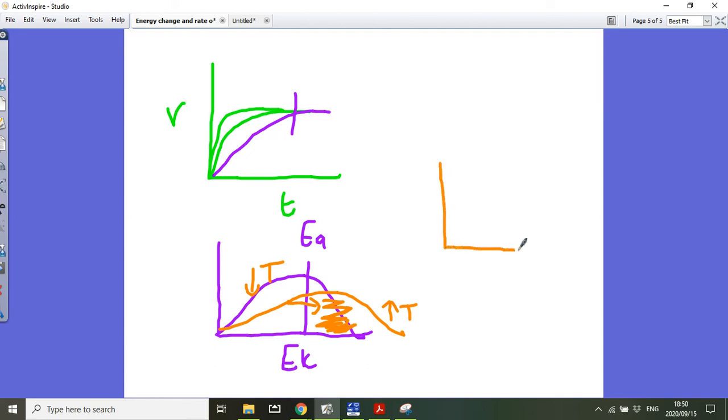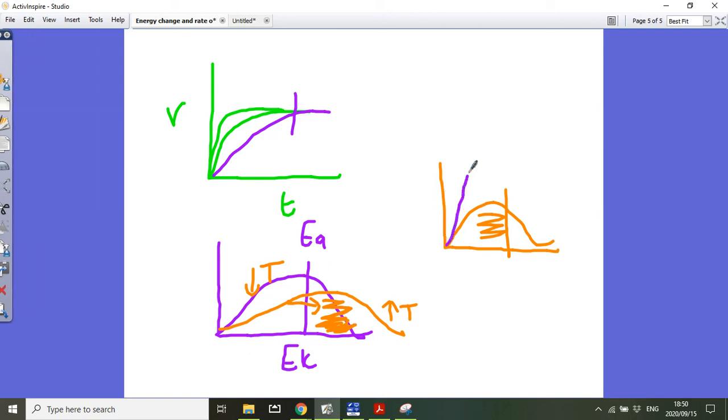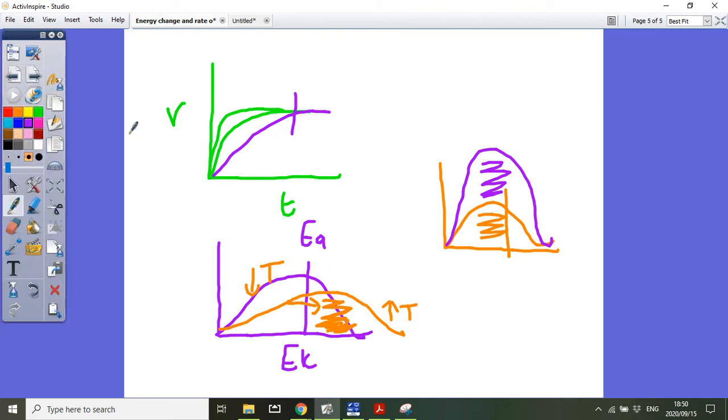If we increase the concentration, so that means this is my number of particles, my activation energy stays the same, my energy of my particles stays the same. So the only thing that's going to happen is that I'm going to have more particles. So these particles were added to the situation. Surface area, you can't really show yet. Or they won't ask that for a Maxwell-Boltzmann. And I think that is it.